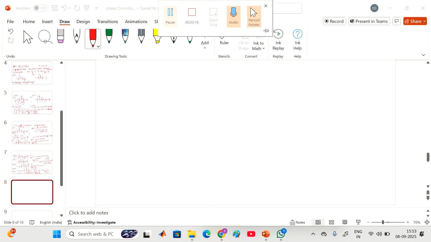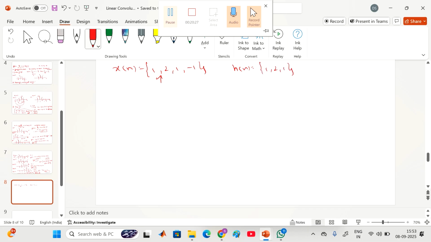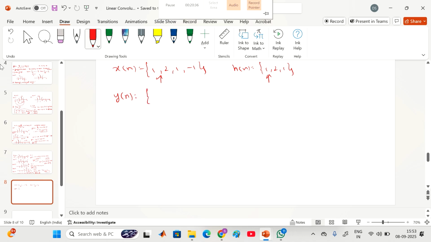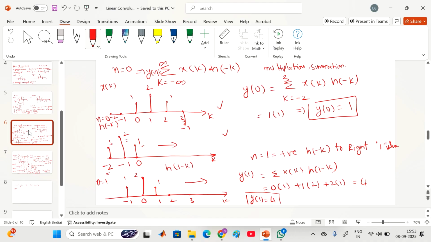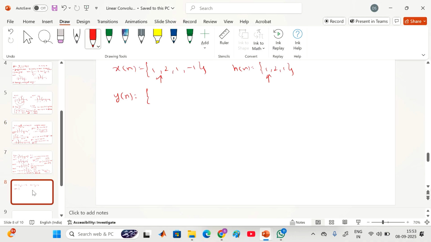So therefore for the given two input sequences, x of n is 1, 2, 1, minus 1 and h of n is 1, 2, 1, then I have the output sequence y of n equal to, so what is the first value we are getting? The very first value is 1, 4. Y of 0 value is 1. Y of 1 value is 4.